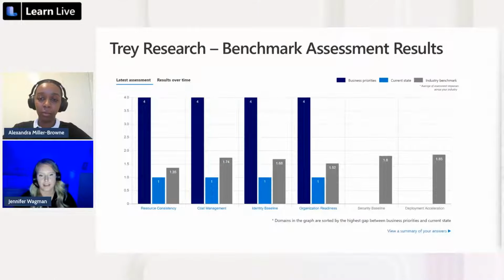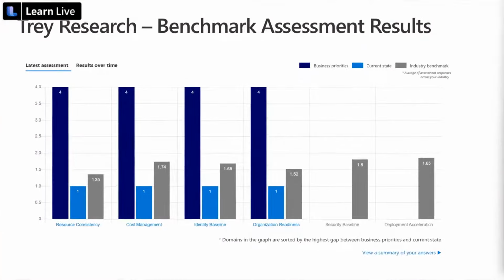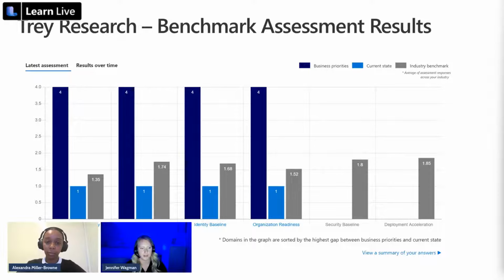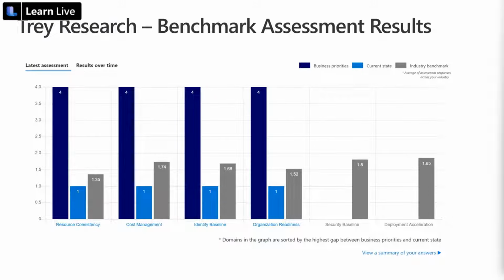And this is just a quick little snippet. We did beforehand go through and conduct a quick benchmark assessment for our Trey Research scenario. So you can see here the lighter blue boxes are indicative of the current state of our Trey Research organization. The business priorities are these dark blue columns, which is showing us what our goal is in reaching our governance state.